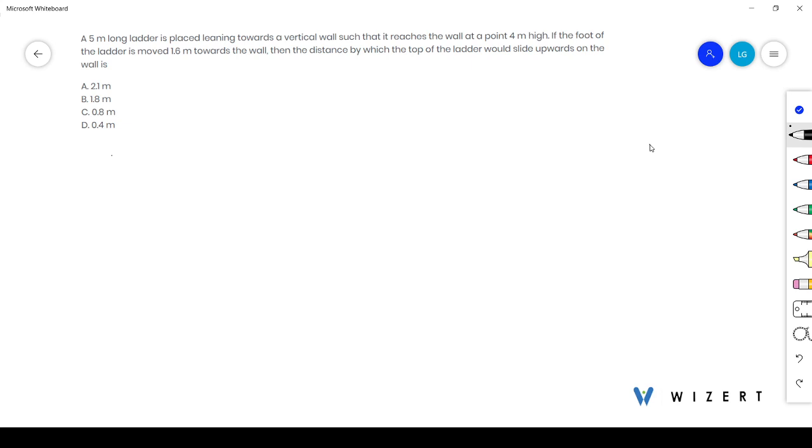From the given information, let us draw here.